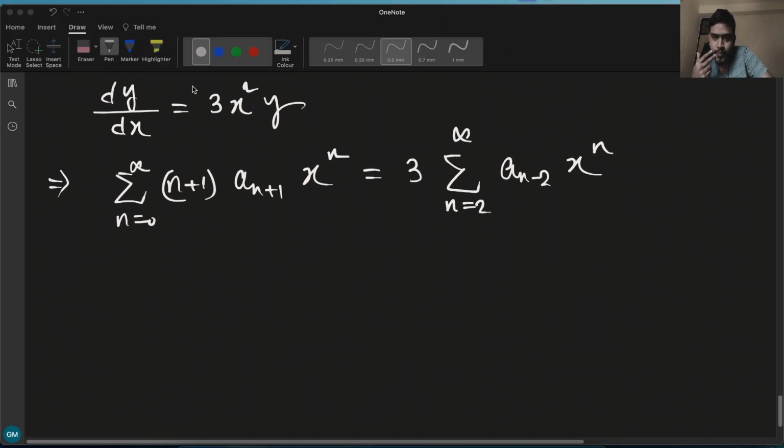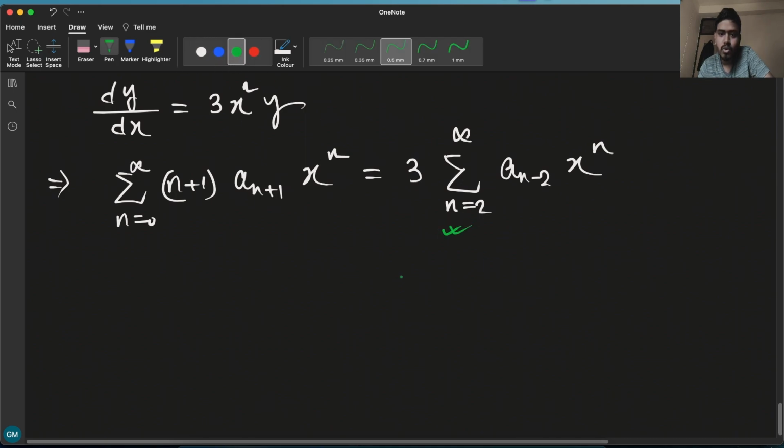Now what to do? Can we compare the coefficients? Think about it a bit. We have the same power of x, right? Both are x to the power n. So it seems like we can compare the coefficients. But wait, the summation here starts from n equals 2, and here it starts from n equals 0.